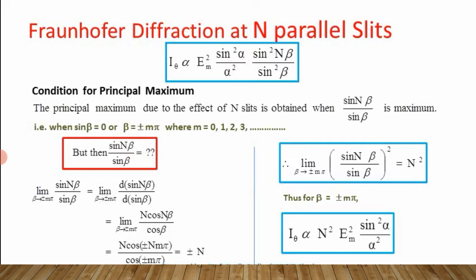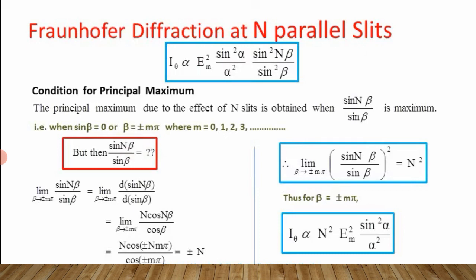The principal maximum due to the effect of n slits is obtained when sin n beta upon sin beta is maximum, that is when sin beta is equal to 0, or beta is equal to plus minus m pi, where m is equal to 0, 1, 2, 3 up to infinity. But then what is sin n beta upon sin beta?